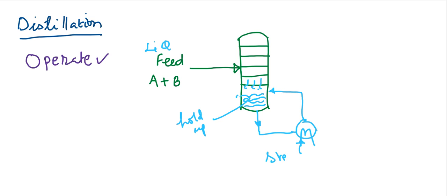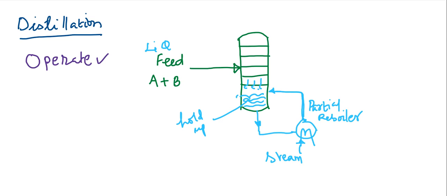How do I supply heat? Through steam. Then some of the liquid gets vaporized. It is not all the liquid which is getting vaporized, so this is known as a partial reboiler. Hope I am making some sense.